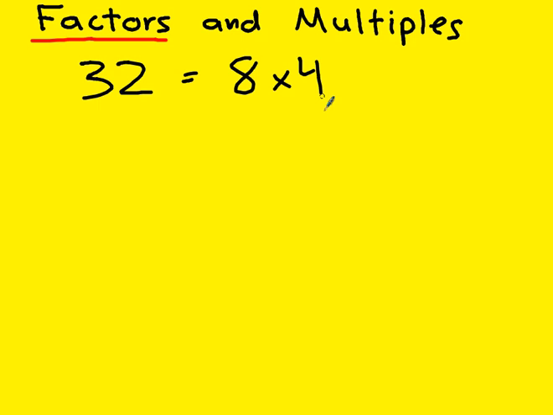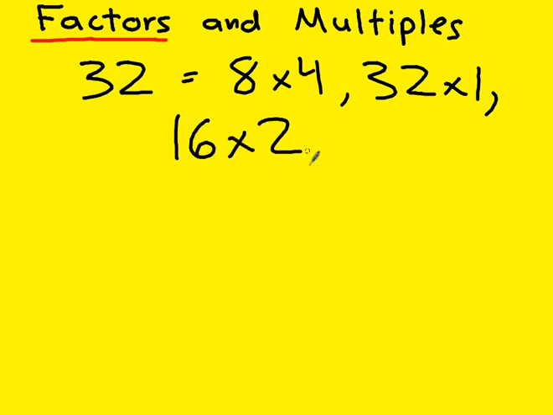What do you think? 4 times 8. Well, they're the same numbers. Yes. 32 times 1. Yeah, 32 and 1. What else? There's another one. 16 times 2. Yes, 16 times 2.